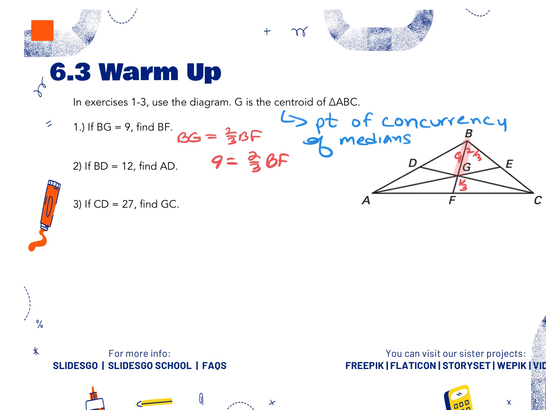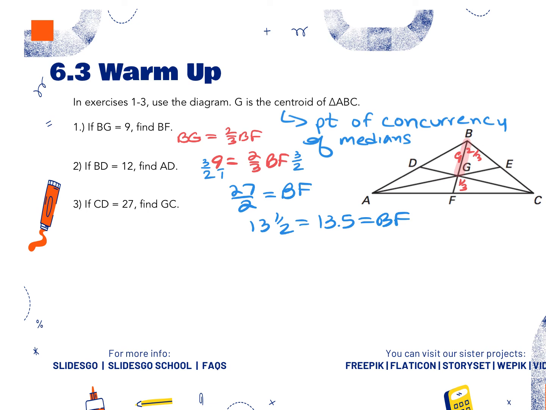When I divide fractions, I'm multiplying by the reciprocal. The reciprocal of 2/3 is 3/2, so that's what I'm going to multiply both sides by. Then I get 27/2 as the length of BF. You can either leave it like that, make it a mixed number, or make it a decimal. So BF is 27/2, or 13.5.